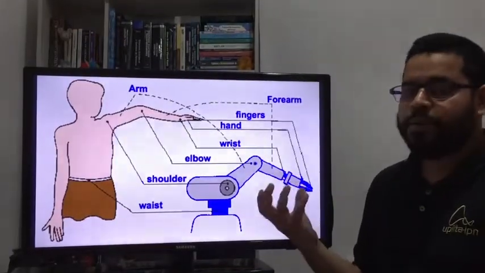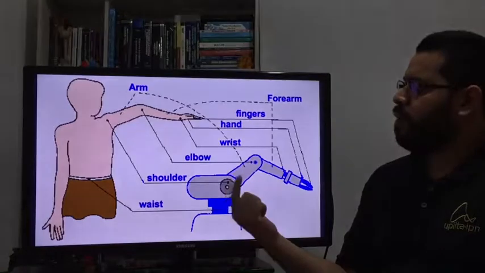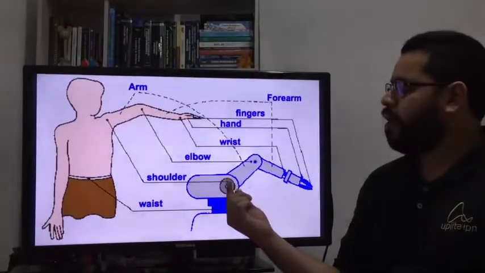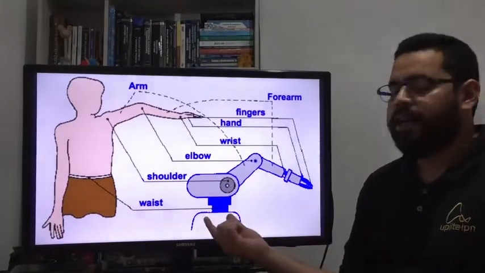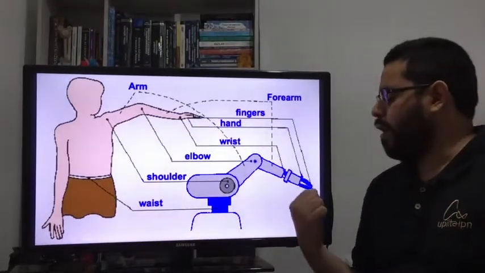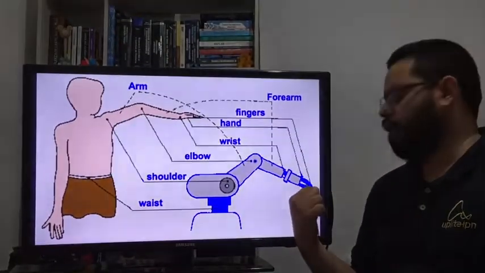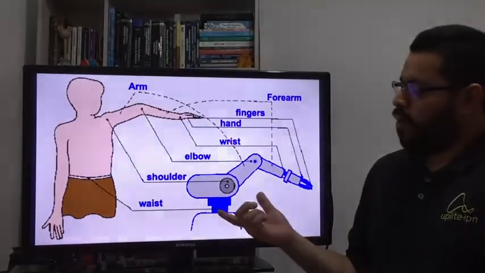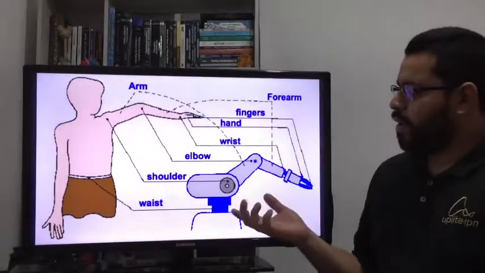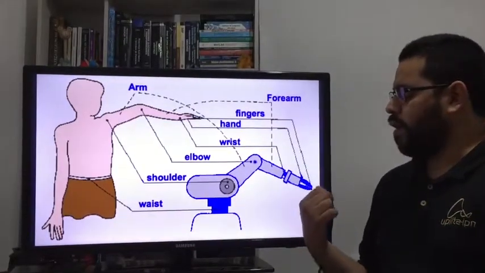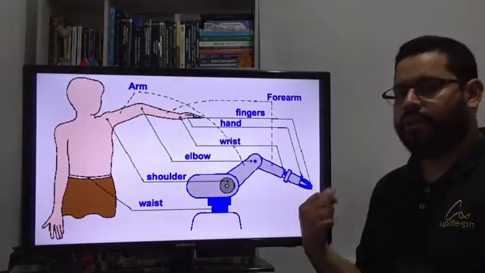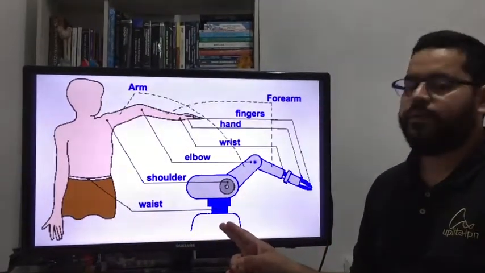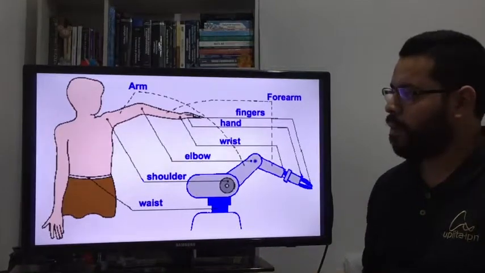In order to do that, we normally place a coordinate frame in each of the joints, a reference frame in the base of the robot, and a final frame where the tool ends. So the relation will be between the final frame at the last part of the tool relative to the frame in the base of the robot.